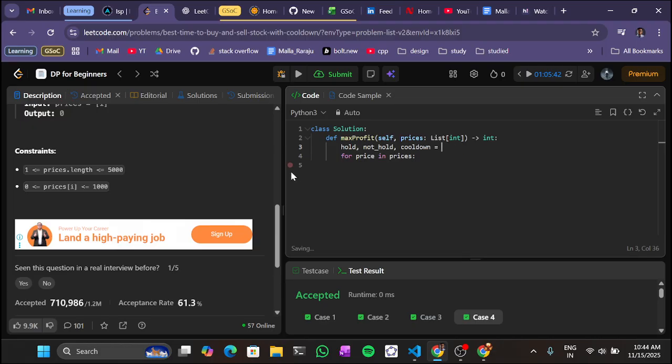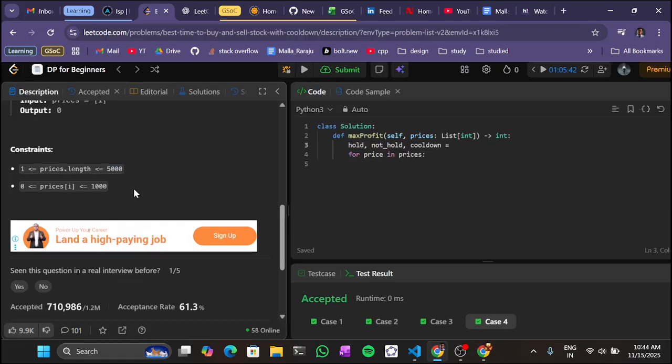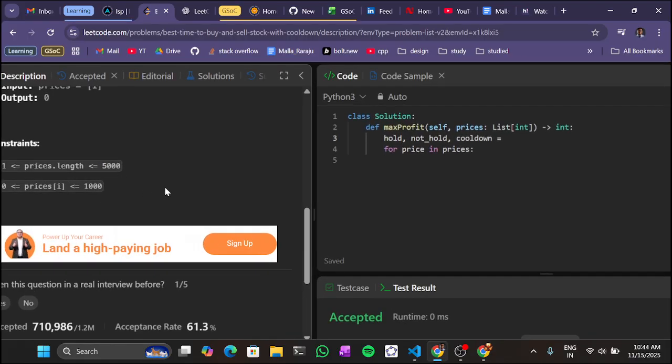If all the values are 1000, and we have 5000 values, then 5000 into 1000, minus 5 into 10 to the power of 6.